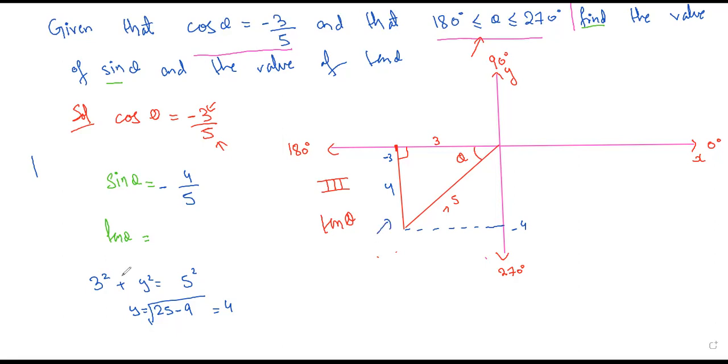Okay, so what would be for tan? Tan theta is opposite, which is 4, over 3. Okay, so it is 4 by 3, right? And since tan is positive, we will keep it positive.